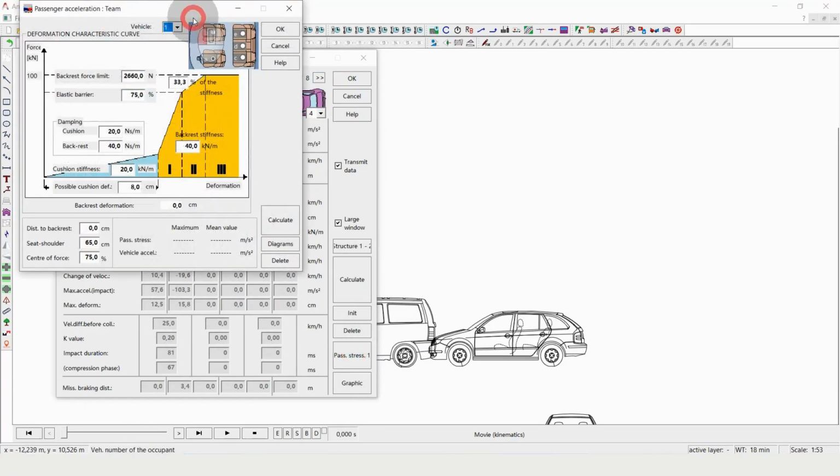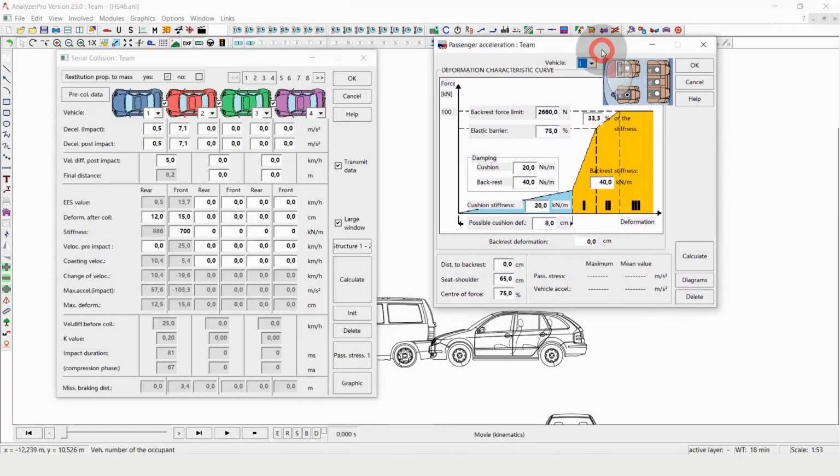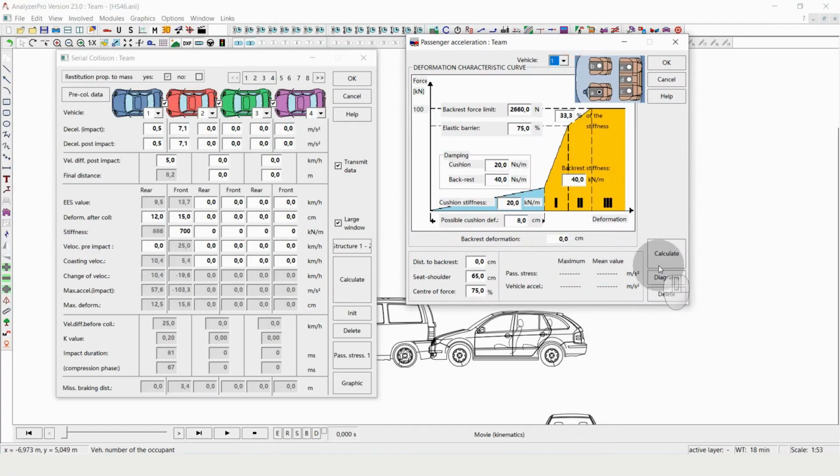Okay. So what we have here is now a calculation that gives the relative accelerations that people get depending on the stiffness of the driver's seat they are sitting in.